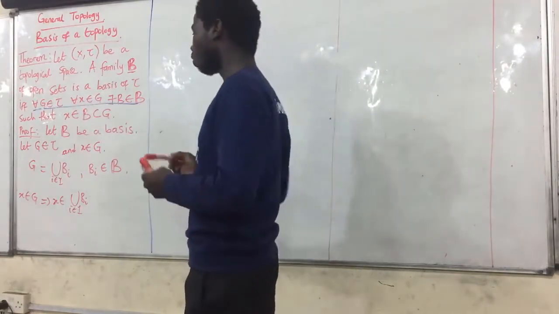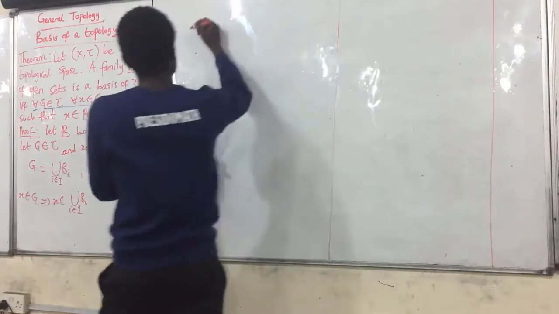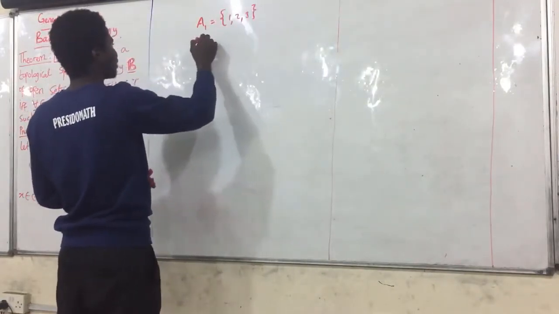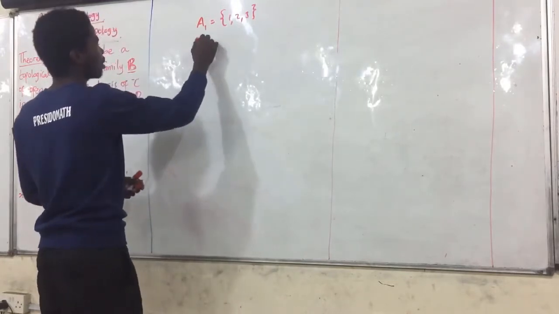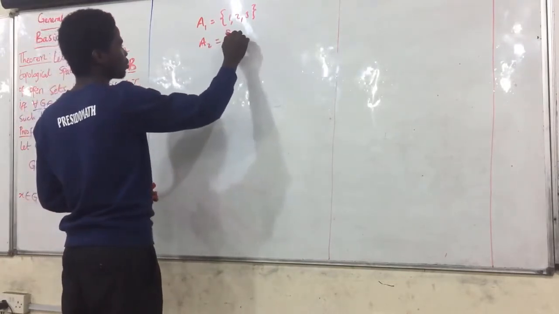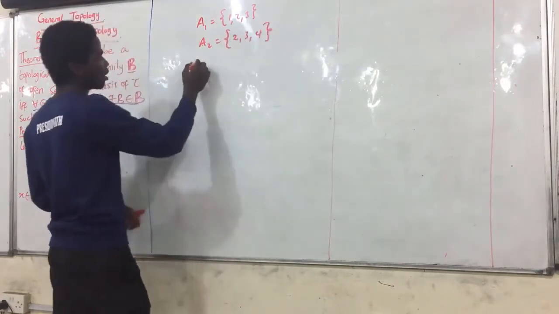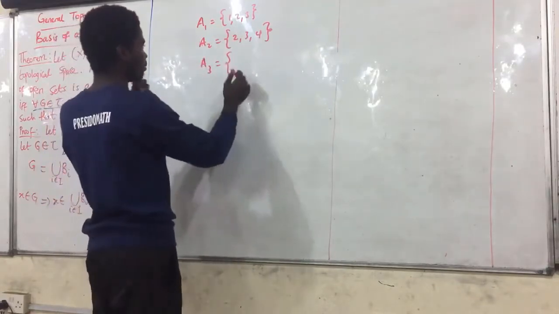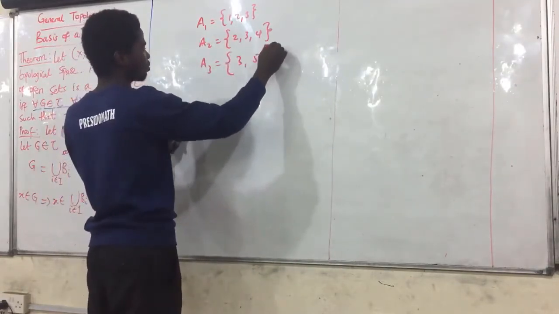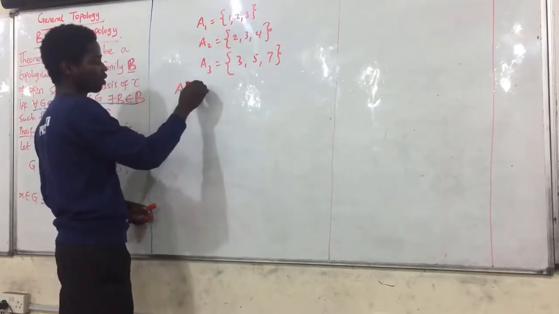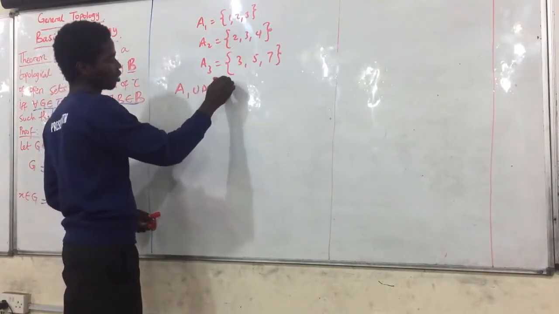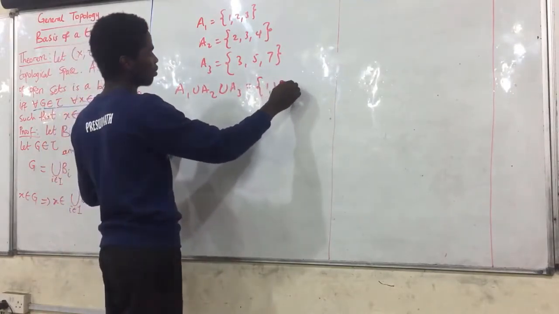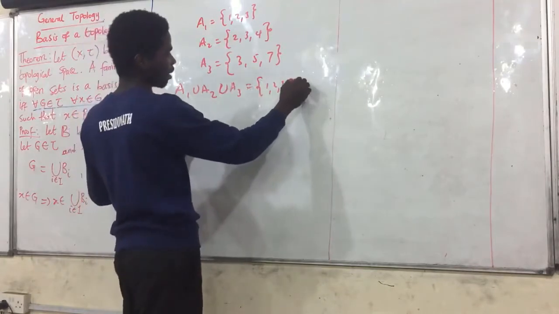So, if you can remember, I said if A1 is {1, 2, 3}, and maybe A2 is equal to {2, 3, 4}, and maybe A3 is equal to {3, 5, 7}. What is A1 union A2 union A3? It will be {1, 2, 3, 4, 5, 7}, isn't it?